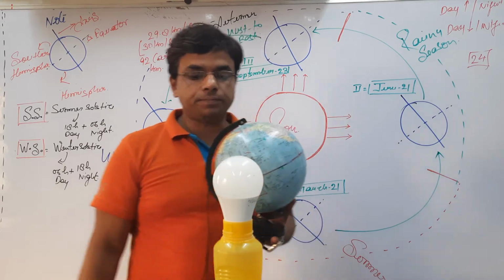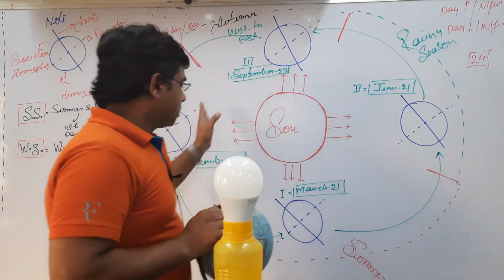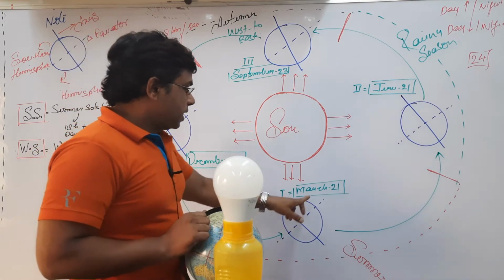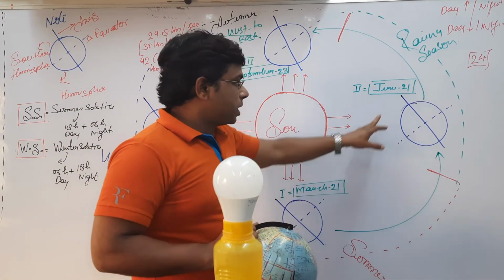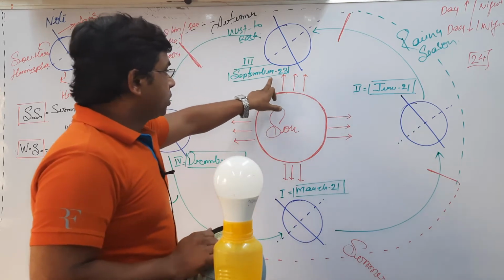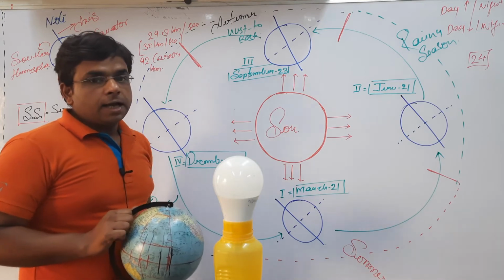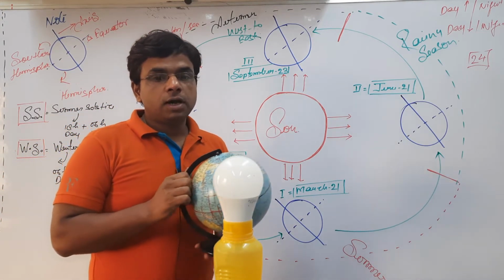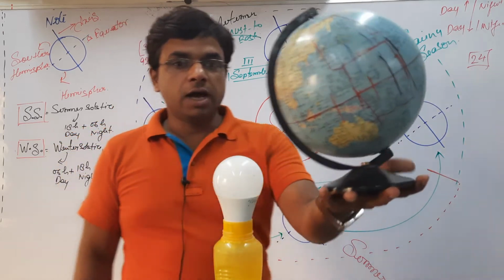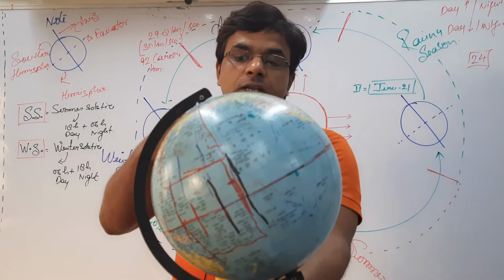Now look, I have given four dates out of a year: 21st of March, 21st of June, 23rd of September and the 22nd of December. I am taking you to the date of 21st of March, and the earth is here, between you and the sun.